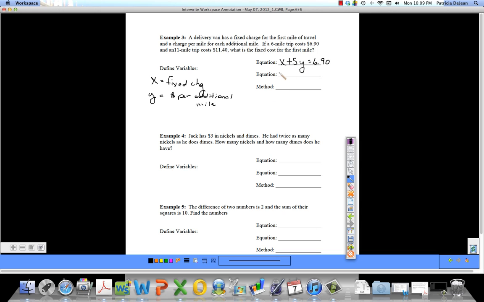So for the 11-mile trip, we'll have our X for our first mile plus 10 additional miles times Y is going to equal $11.40. And we could do this either way because we have x's there with coefficients of 1. So it could be substitution or elimination.